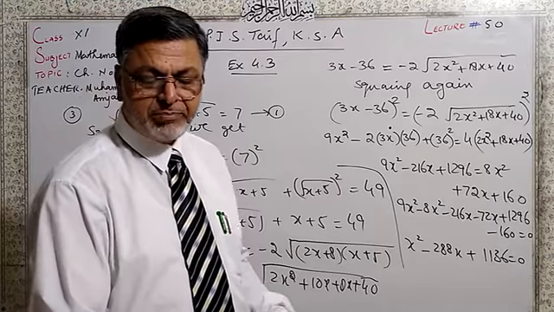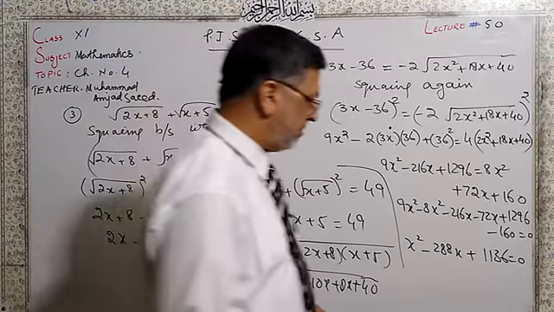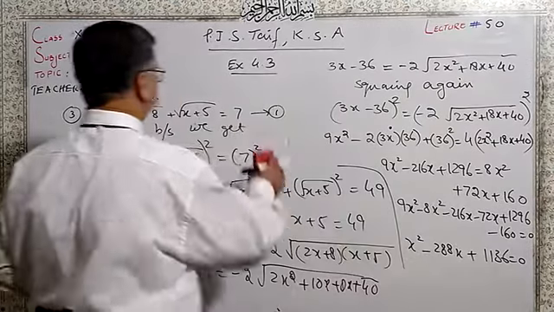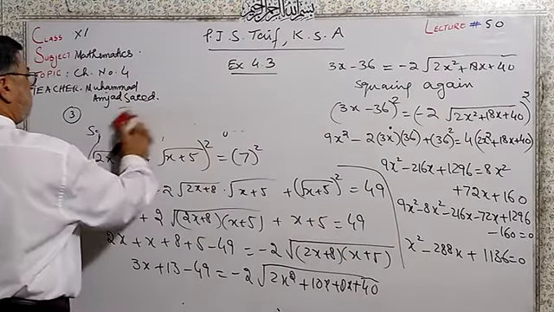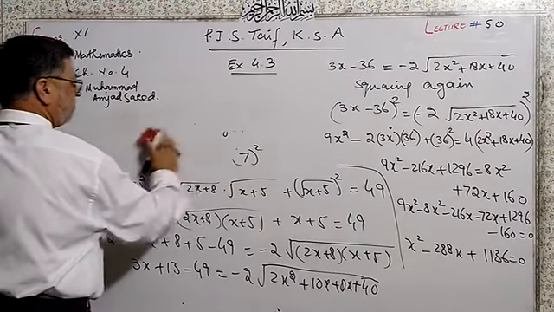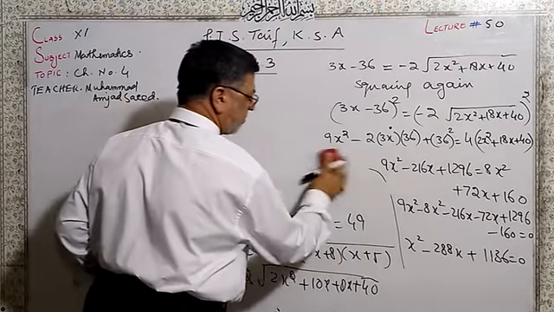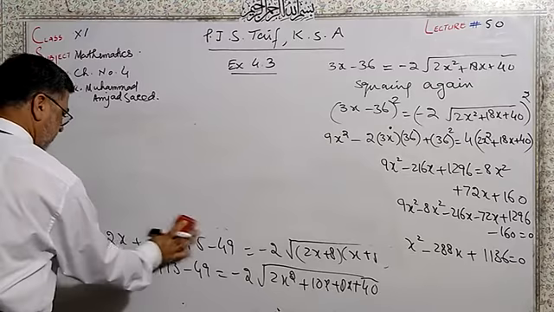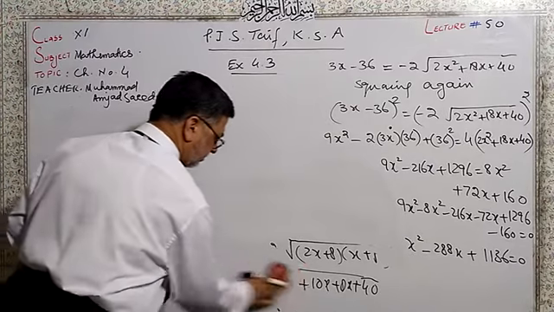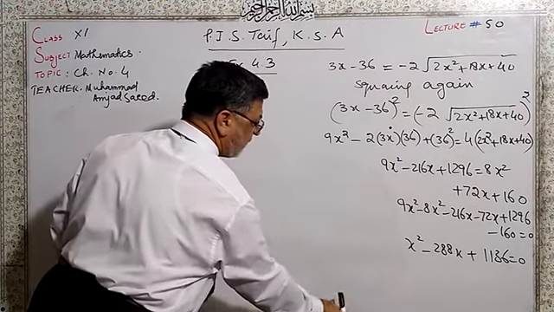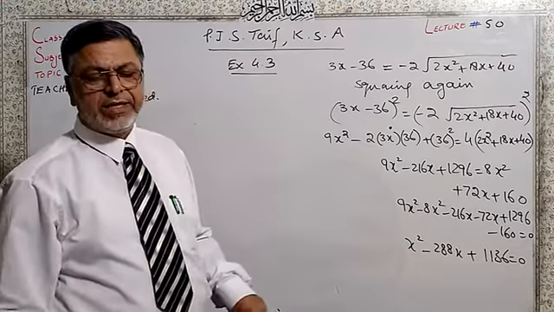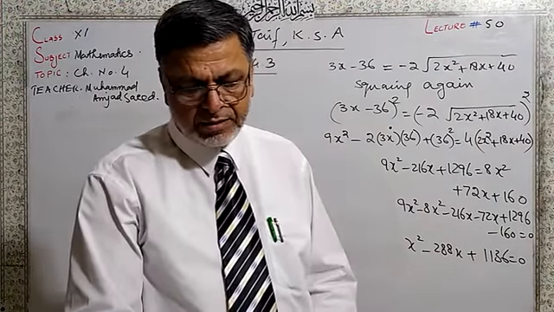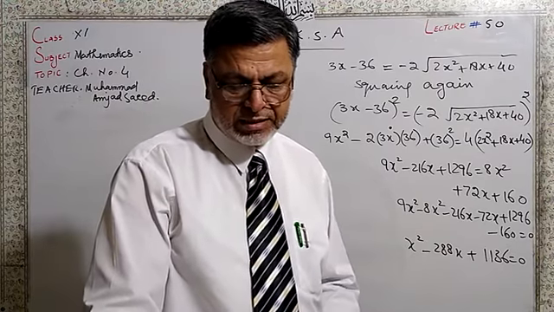Here we will make the pairs like this. Dear students, we have x square minus 288x plus 1136.